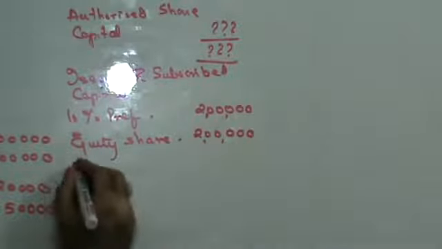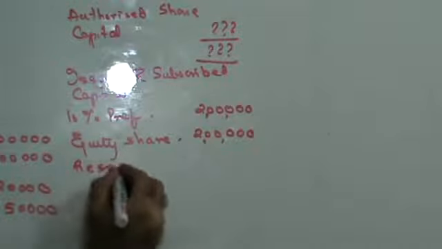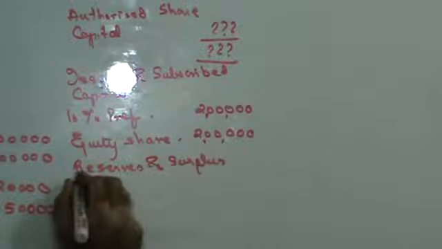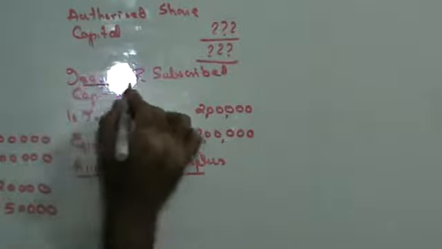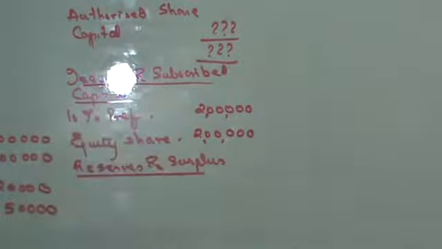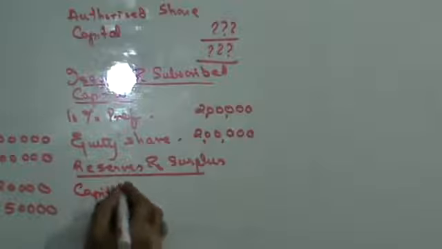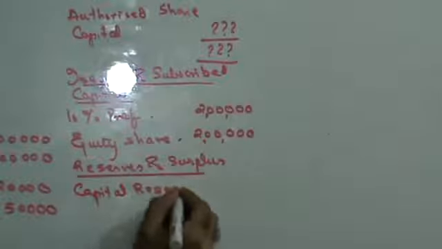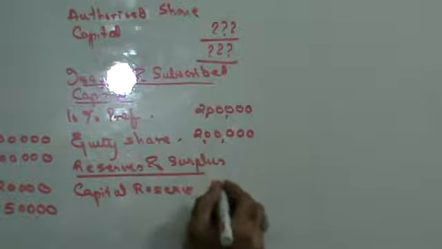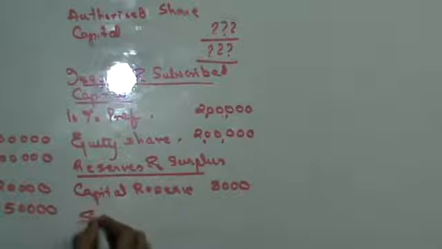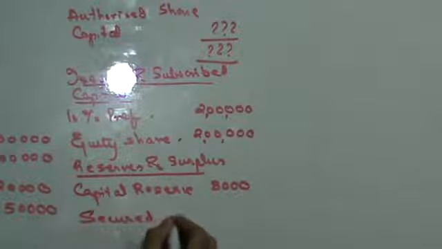Then you have reserves and surplus. In reserves and surplus, you will have capital reserve, 8,000. Besides that, is there any other reserve in the balance sheet? No. Then you have secured loan.